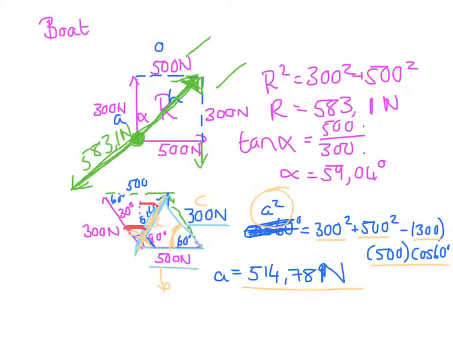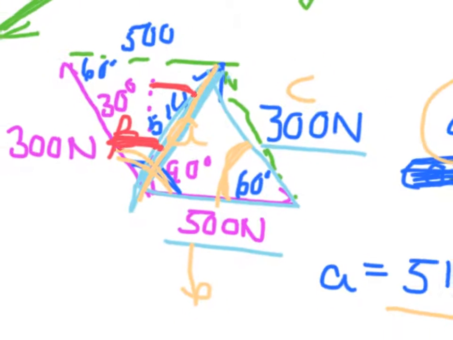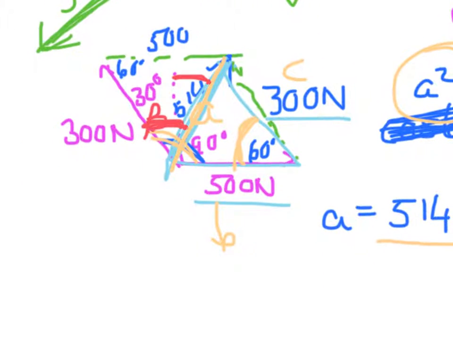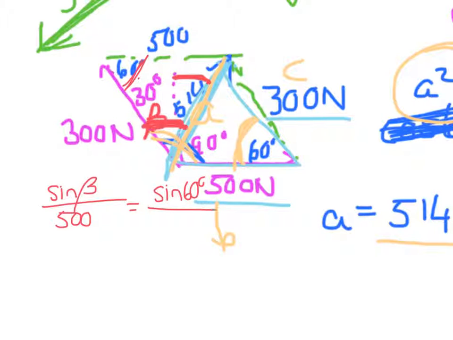So to do that, I'm going to use the sine rule, and I am going to call this angle over here now beta. Let's try and make that a bit bigger. So that is beta, and we are going to say sine of beta over 500 is equal to sine of 60 degrees, because we know this angle over here, 60 degrees, over, and now we know the opposite side to that, which is 514, give or take, all right?